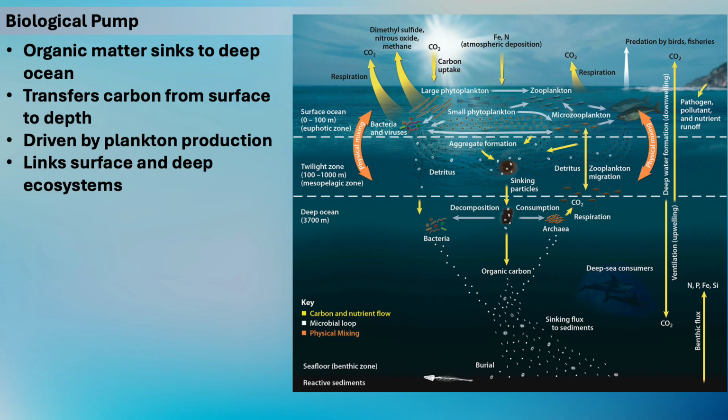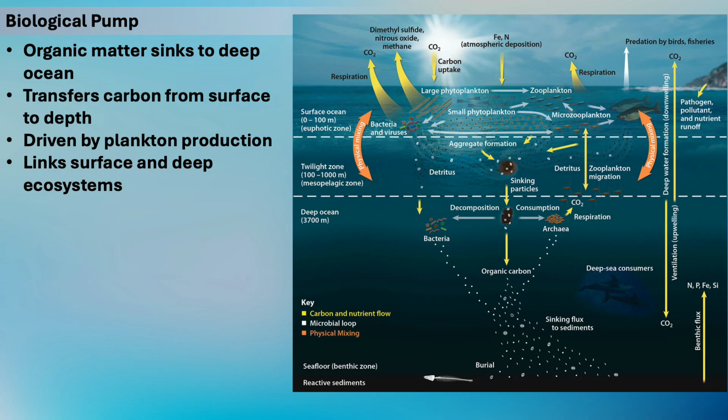Dead phytoplankton cells, fecal pellets produced by zooplankton, and aggregated particles known as marine snow all contribute to the downward flux of organic material. These particles vary in size and composition, but collectively they represent a continuous rain of organic carbon from the surface ocean to the deep sea.